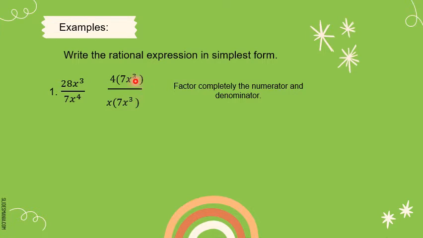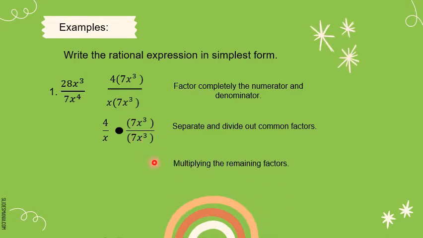So take note, this is the same factor. Let's do the next step: separate and divide out common factors. So we're going to separate it. Just write these multiplications: 4 over x, and this is the common factor.